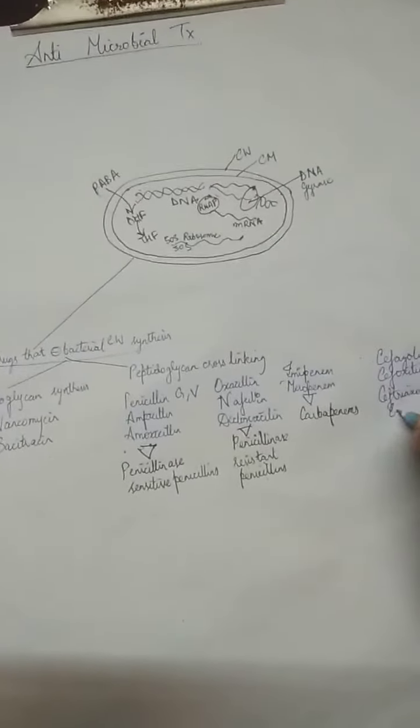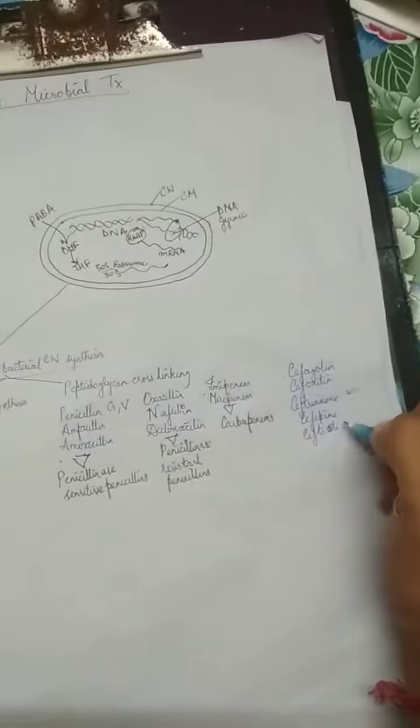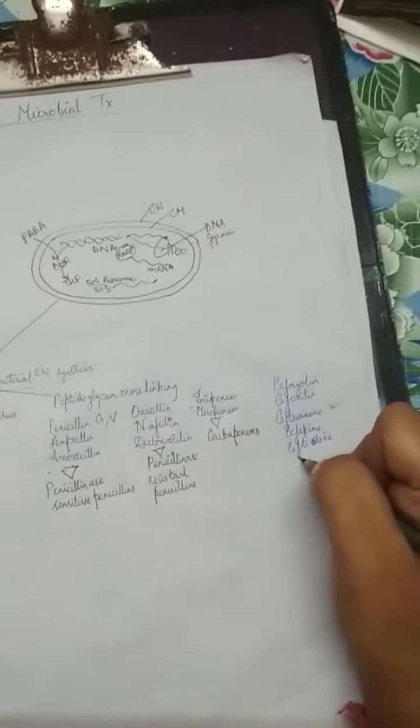Now ceftriaxone is one of the most commonly used drugs. Then fourth generation will be cefepime, and the fifth generation is ceftaroline. So these are the cephalosporins.